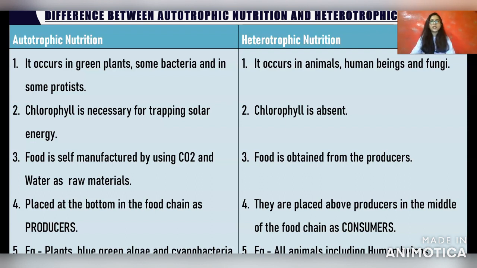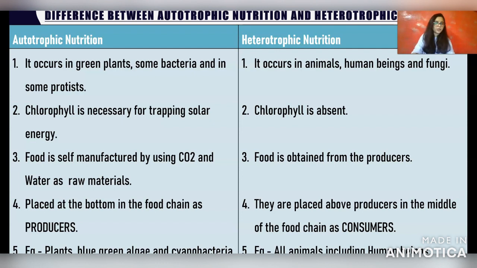We all know that chlorophyll is a pigment which absorbs sunlight, that is solar energy, and converts it into chemical energy. In heterotrophs, chlorophyll is absent. In autotrophs, food is self-manufactured using CO2 and water as raw material. As we know, CO2 and water are absorbed from air and soil respectively.